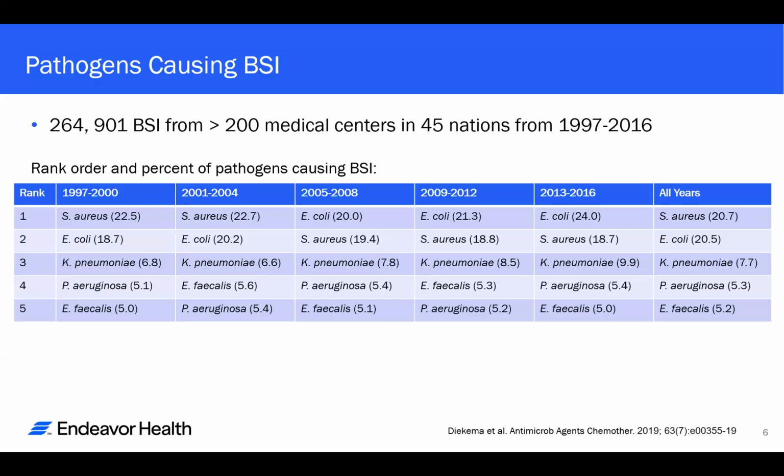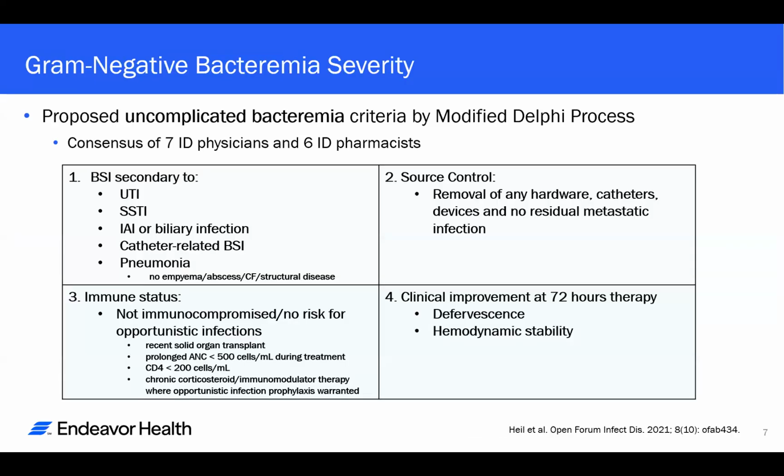And what you see here is that we have a lot of Staph aureus, we have a lot of E. coli, and then a little bit distant from there, we have Klebsiella, Pseudomonas, Enterococcus, and a lot of other Enterobacterales. So just to give us an idea of what types of pathogens we're seeing in our bloodstream infections. So the way I've set this up, we're going to start talking about gram-negative pathogens, and then we'll go into gram-positive. In each of these sections, we'll talk about duration and then route of therapy.